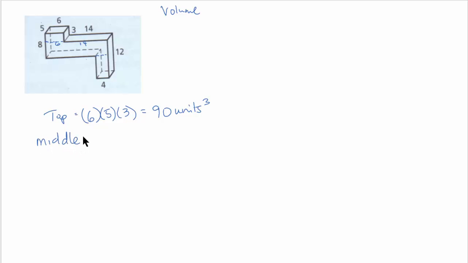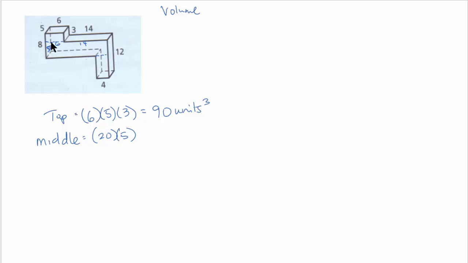It's 20 long. How tall is it? Well, I know that this whole piece here is 8, but we said this was 3. So that means this bottom part of it here is 5, because if this part is 5 and this part is 3, that makes the whole thing 8. So I know it's 5 tall.